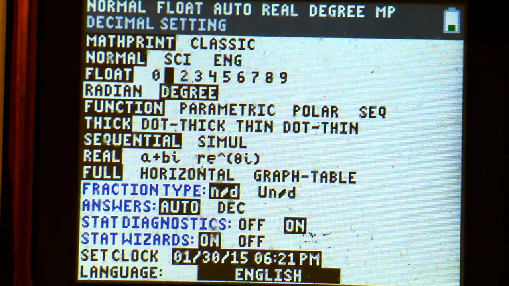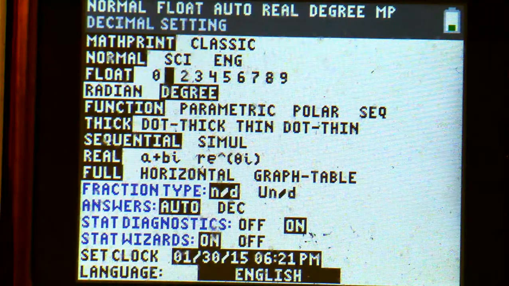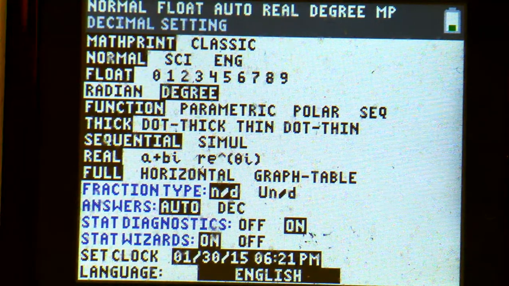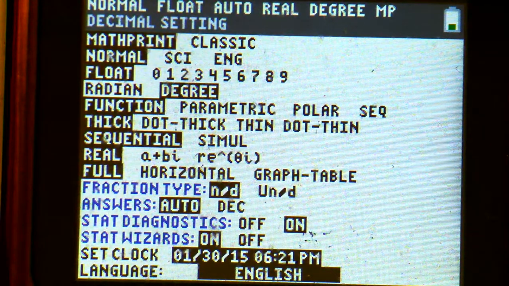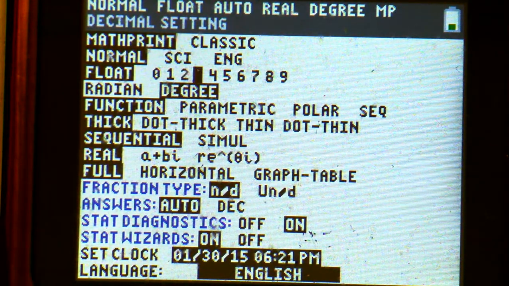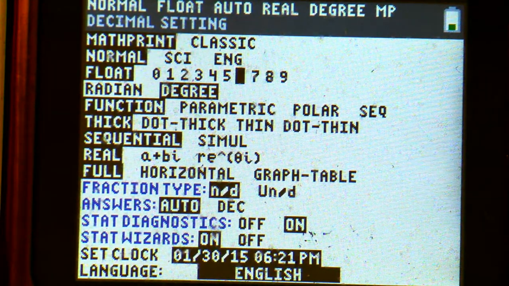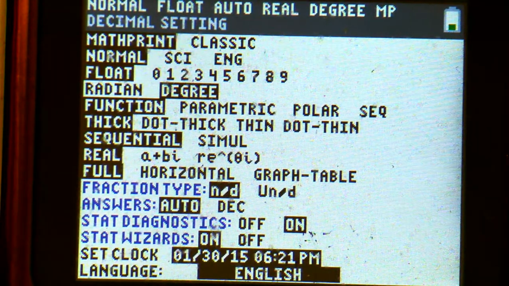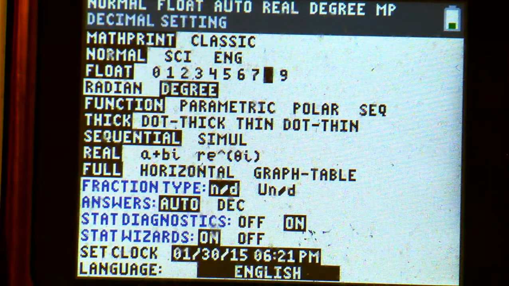If you select 1, it'll always display the number to the nearest tenth. 2 to the nearest 100th. 3 to the nearest 1000th. So these numbers represent how many values to the right of the decimal point it's going to display the number.